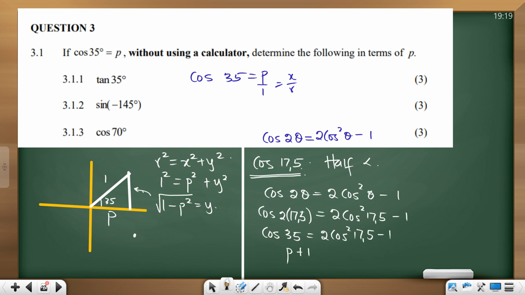Plus 1. 2 cos squared 17,5. Can I divide both sides by 2? P plus 1 over 2 equals cos squared 17,5. Can I find the square root? Examiners do this, so please learn the half angles now. Done.